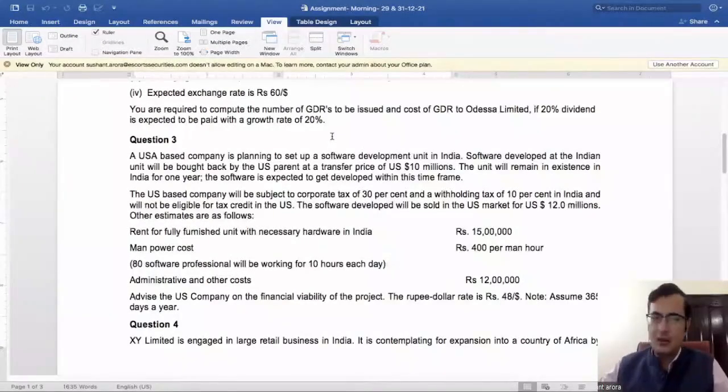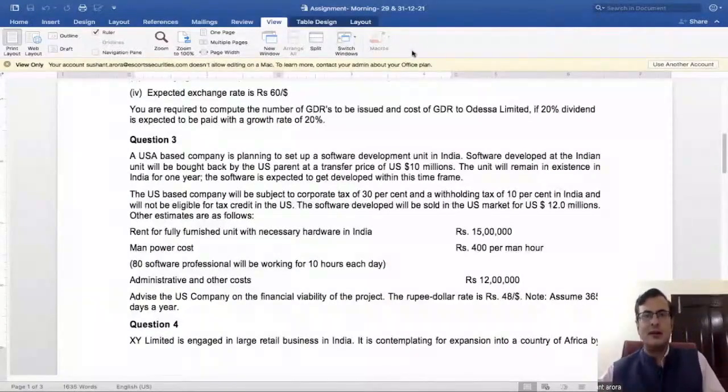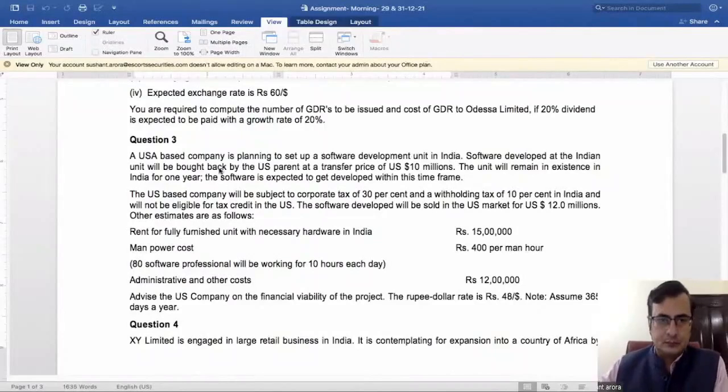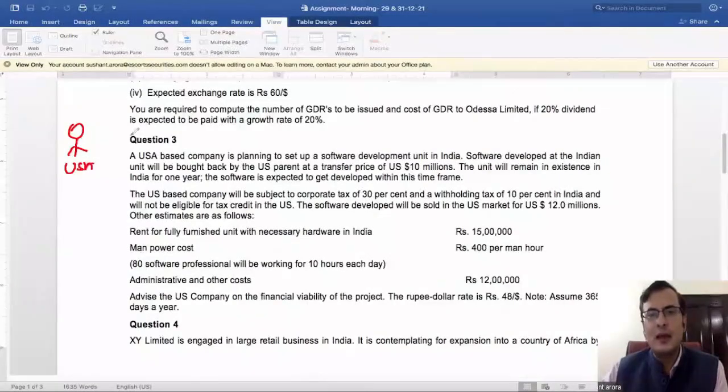That's not a problem. A USA based company is planning to set up a software development unit in India. Okay, software development unit in India. So now the country is USA. Okay, and you want to make a setup in India.